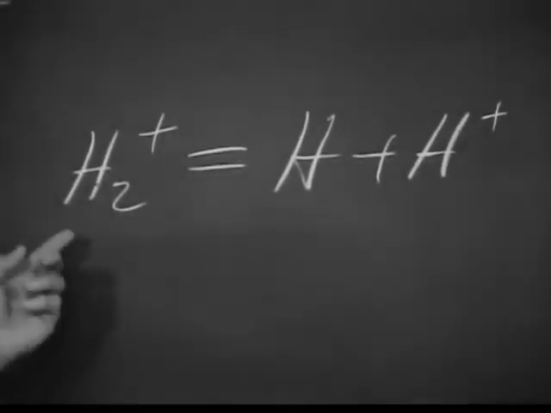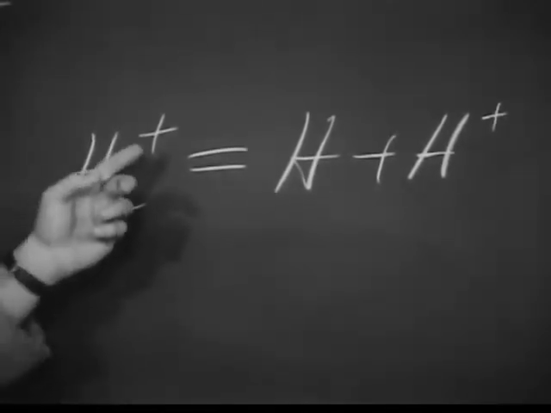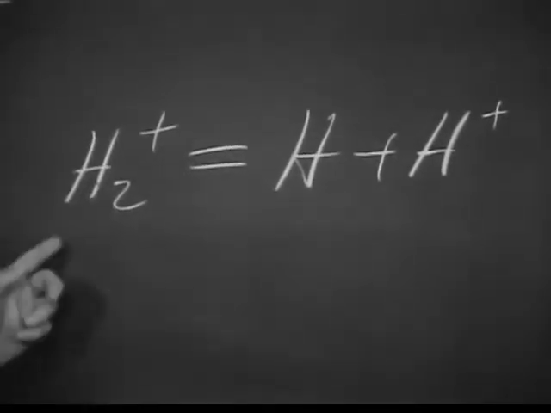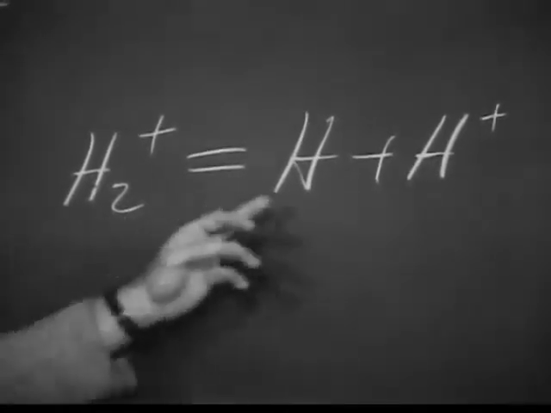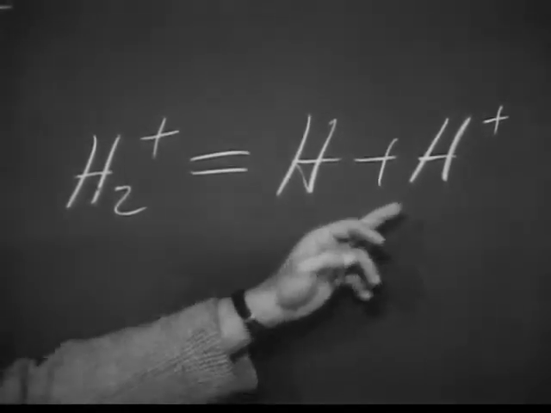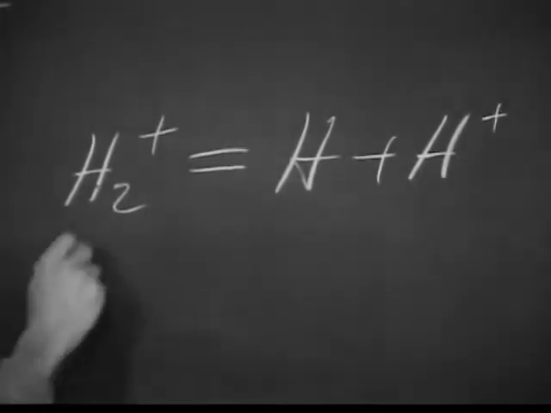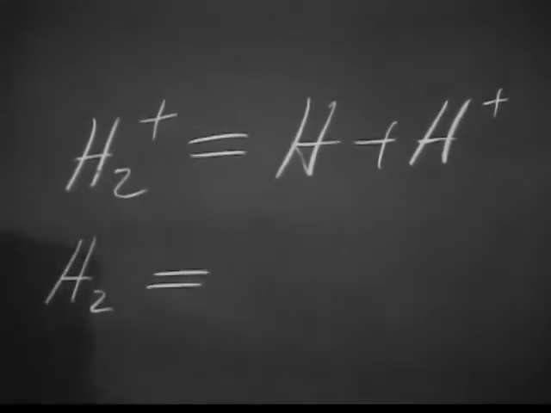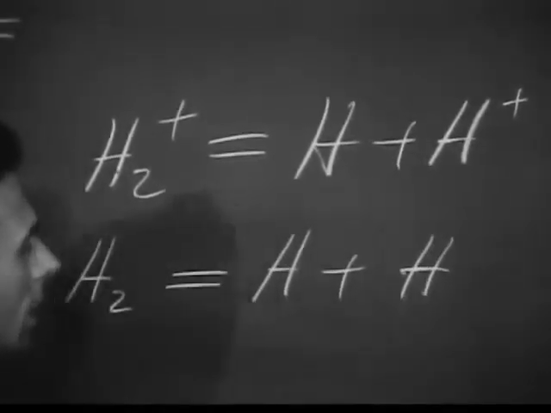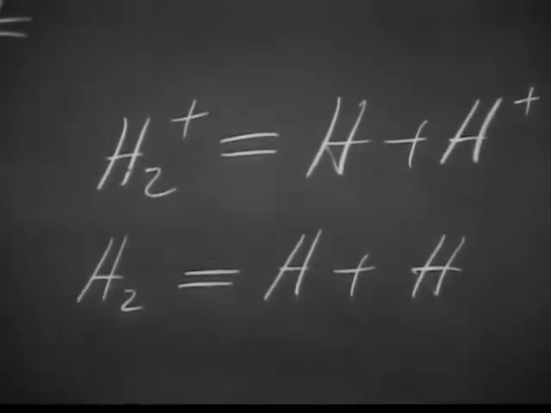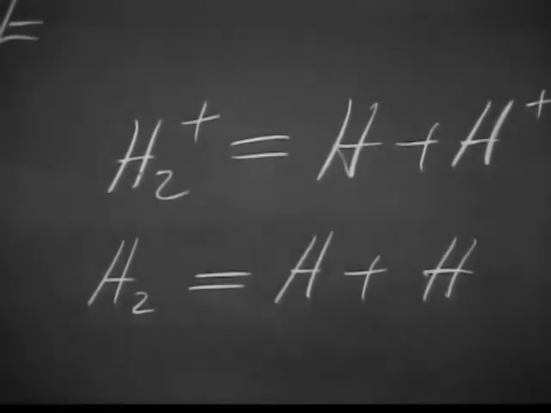In the first place, I consider the ion H2+, 2 nuclei with a single electron. And I ask, what is the energy to break that bond to give us 1 hydrogen atom and 1 proton? And the other molecule I'll consider is the 2-electron molecule, H2. And I'll consider the energy necessary to break that chemical bond and give 2 hydrogen atoms.